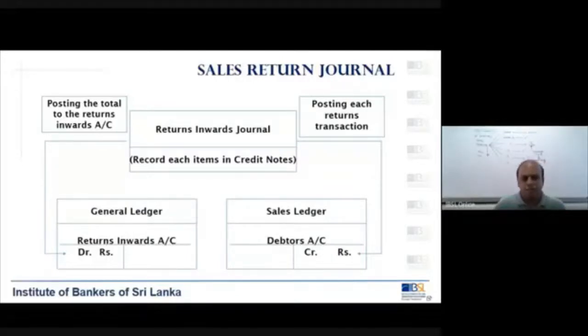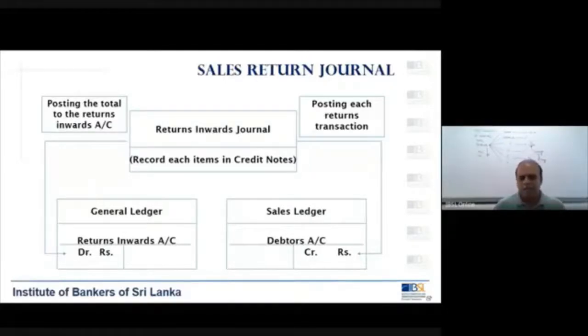If there is an agreement to accept goods that are damaged not because of physical intervention but due to other reasons, then the company will accept the goods and there will be a sales return recorded.